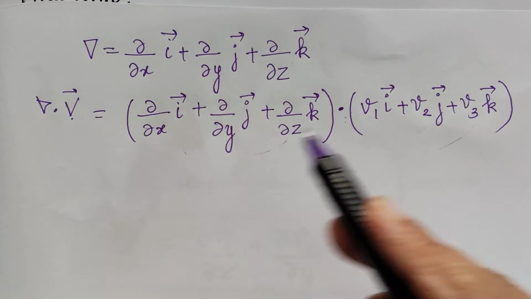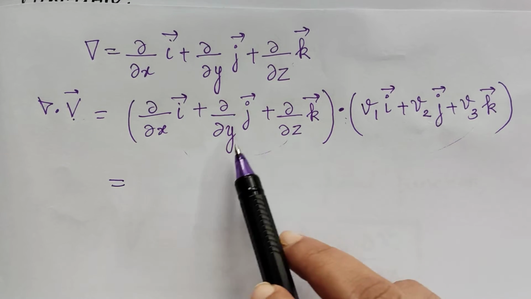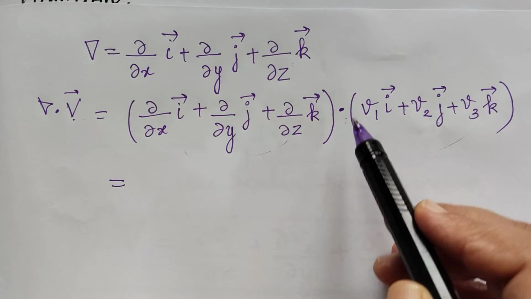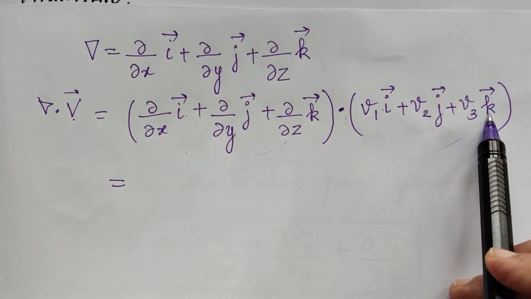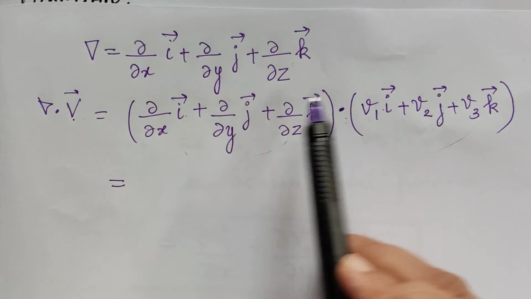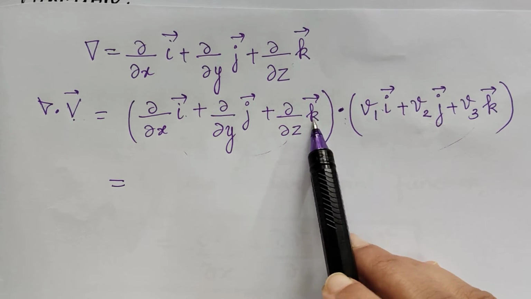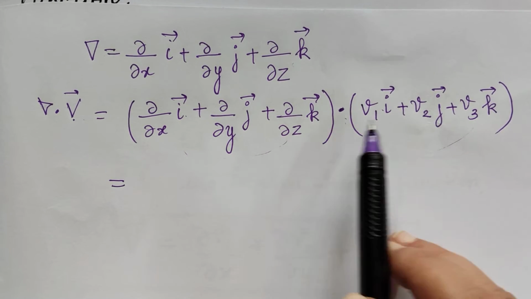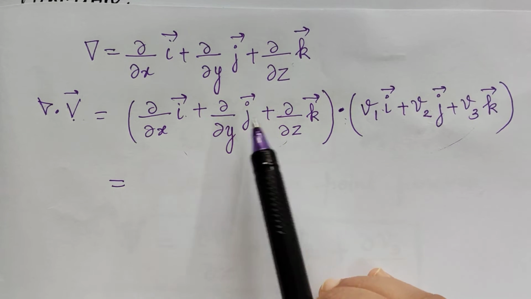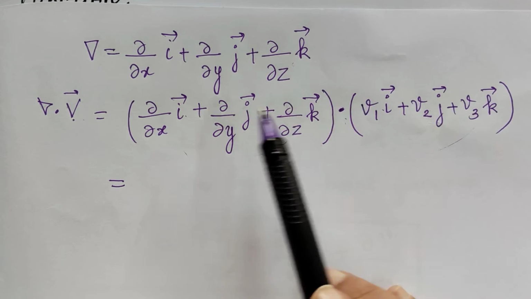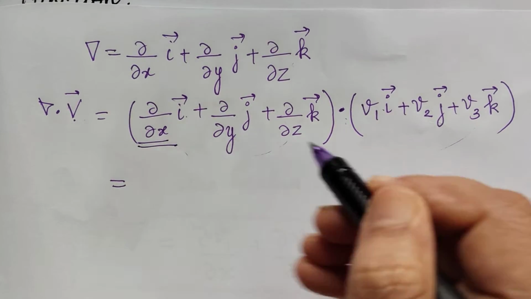When we take the dot product, we multiply only component wise and then add, because in the dot product i dot i, j dot j and k dot k alone exist, whereas i dot j, i dot k, j dot i, j dot k, k dot i and k dot j become 0, because the dot product of different components is 0. The same component gives 1. So we should multiply only component wise.